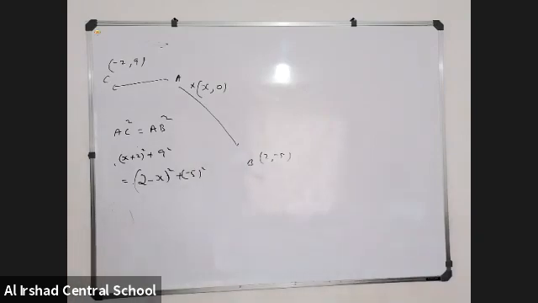Now open the bracket: (x plus 2) whole square plus 9 square. Then find out x.